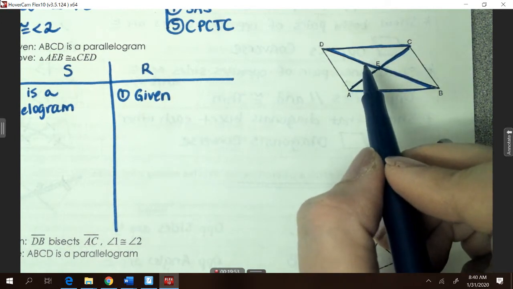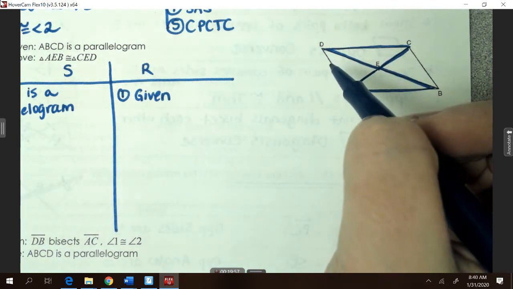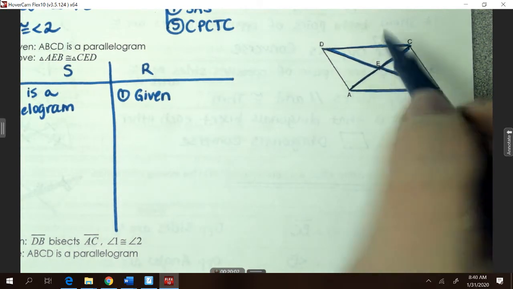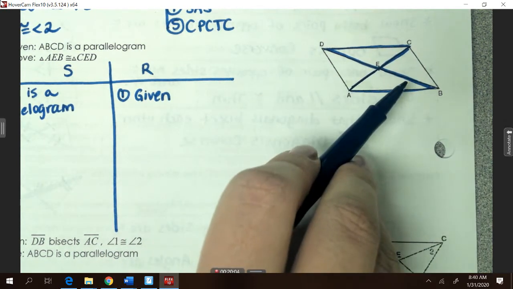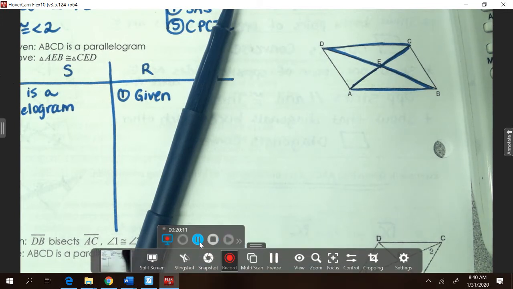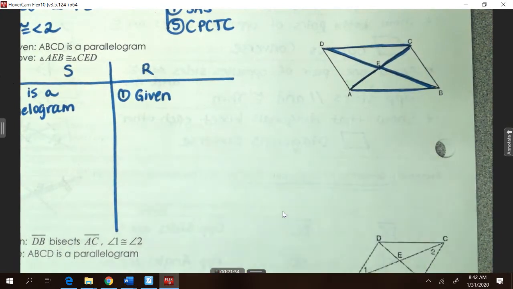We could also use, let's see, diagonals bisect each other, right? So like this part would be congruent to this part, and this part would be congruent to this part. Okay, so really I'm looking at this also thinking that the diagonals could bisect each other.